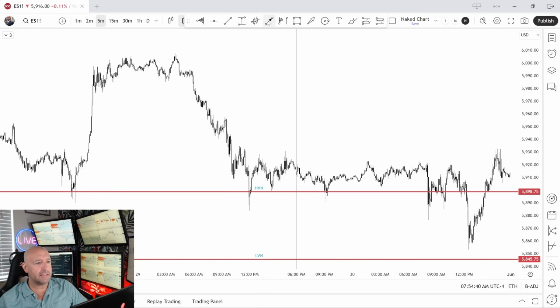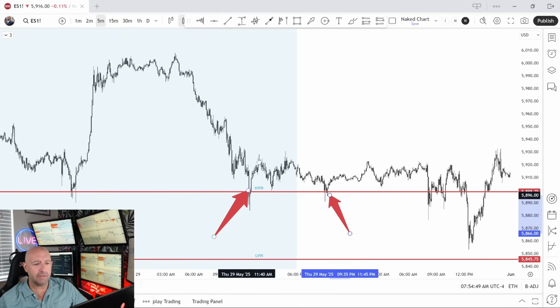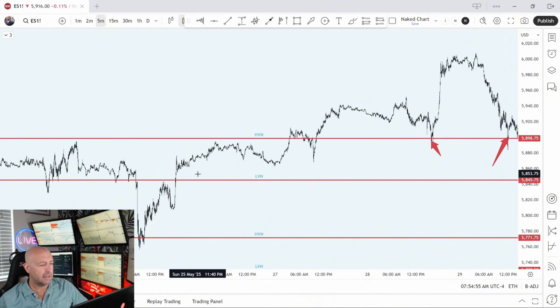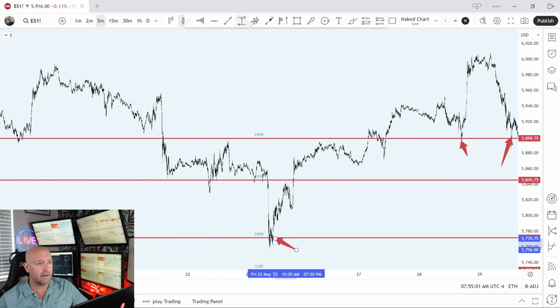Look how this high volume node played as support over and over again during this recent session. These are very powerful levels. Sometimes they play out to the tick. Sometimes these are much higher time frame levels. Look how we traded in between these two, a high volume node and a low volume node.